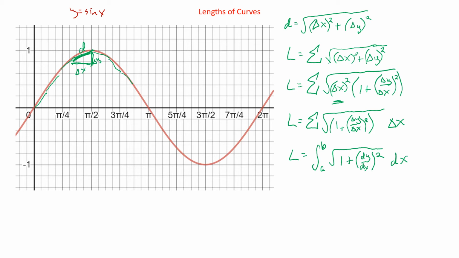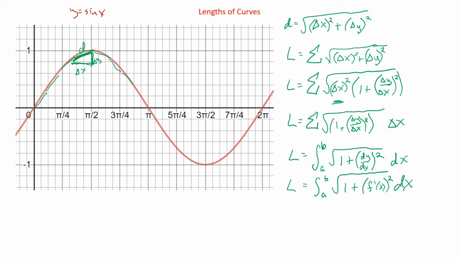And so this is the formula for the lengths of curves. We have 1 plus the derivative squared. We could rewrite this using either y prime as the derivative, or f prime of x, squared, dx.